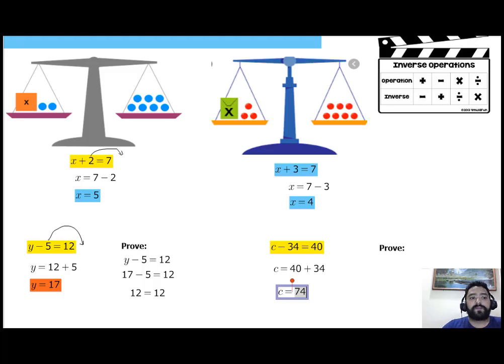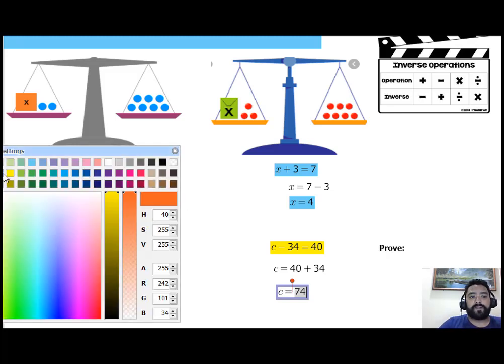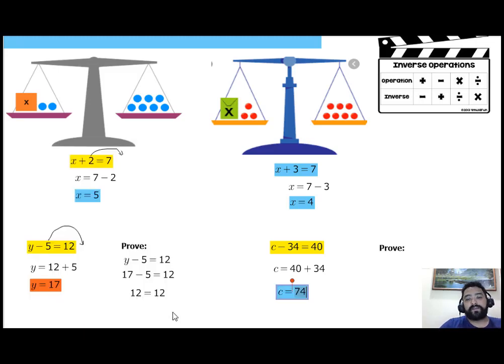And this value makes our equation true. So what do we have to do now? We are going to prove that 74 is the correct value for the variable. c minus 34 is equal to 40. Now we already know that the value for c is 74. We are going to replace the c with 74: 74 minus 34 equals 40.